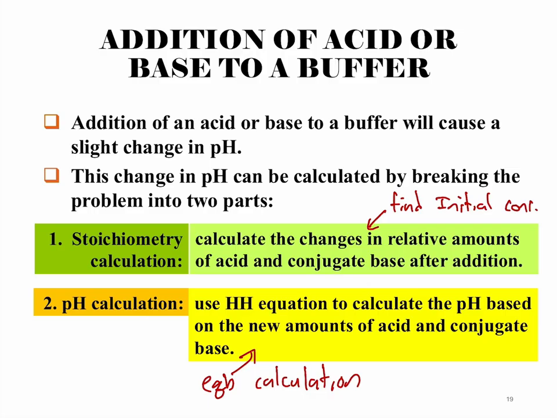And when it dissociates, you get hydronium or hydroxide in solution. So when you add NaOH or HCl, you get OH minus or H3O plus in solution. But what happens in a buffer to those things when you add those to solution? After it dissociates, what happens to H3O plus or OH minus if you have a buffer there?